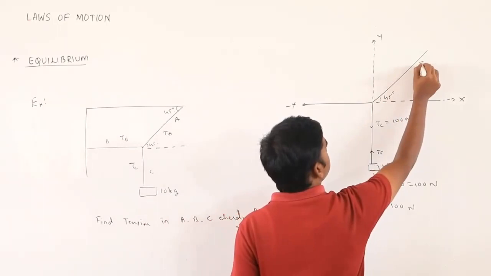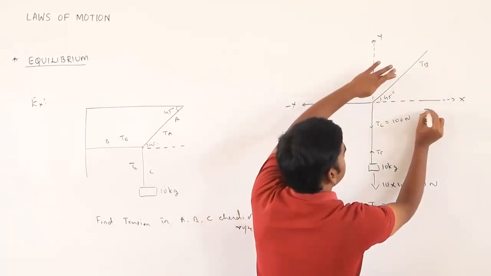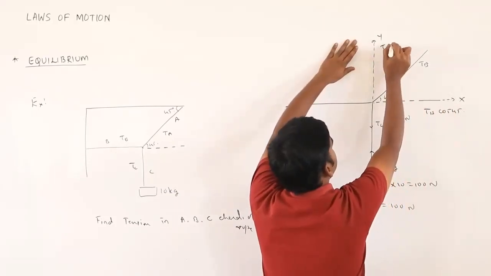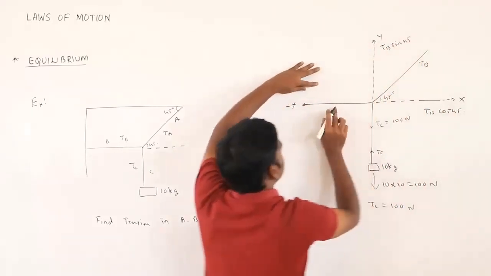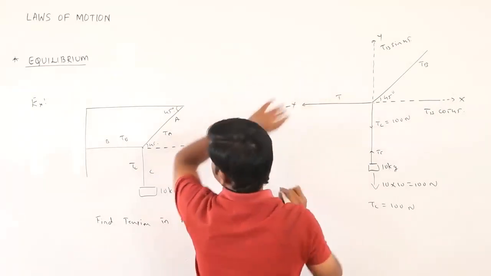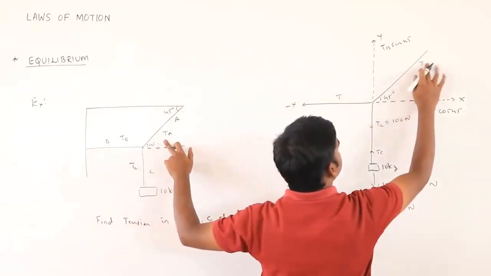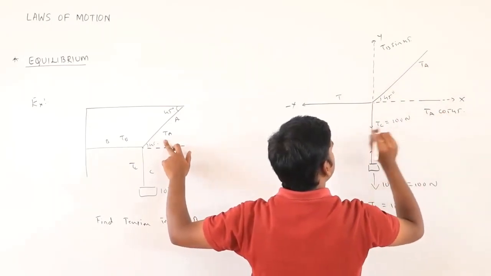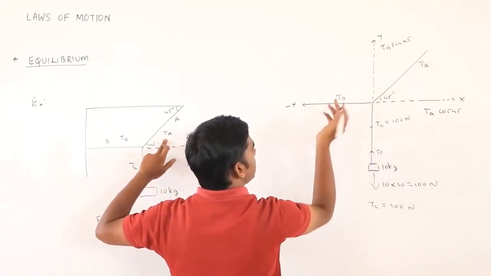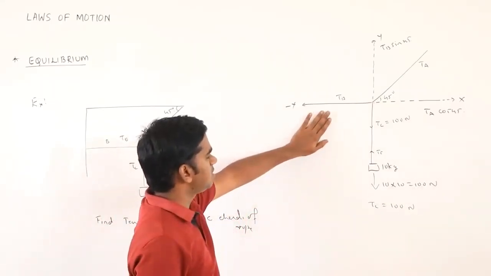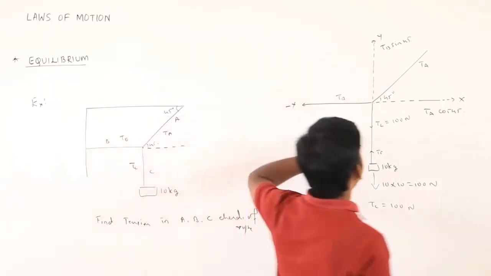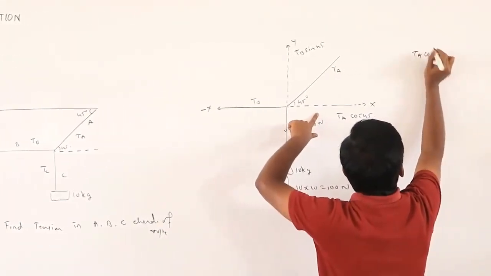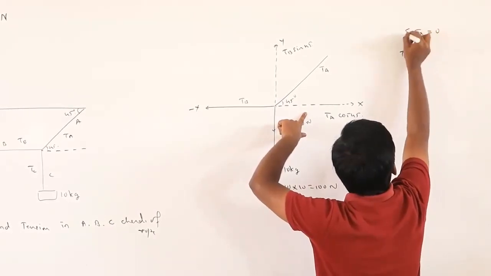Now this is TB. What can you write here? TB cos 45, here TB sin 45. This is TA, not TB. This is TA, and this side is TB. TB has no components, so you can write it as it is. Equate the x values: sum of Fx equals 0.